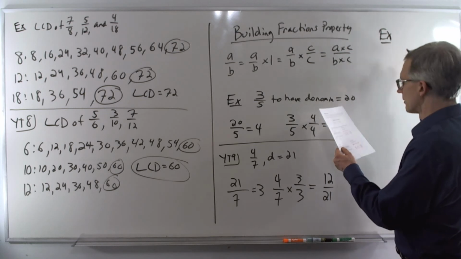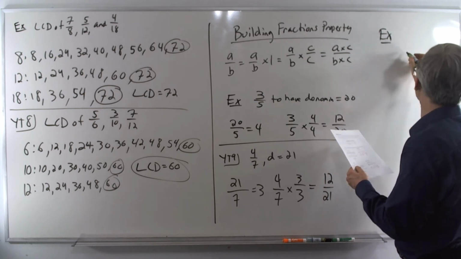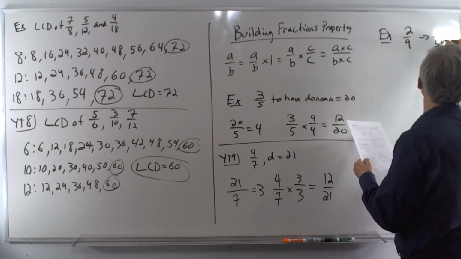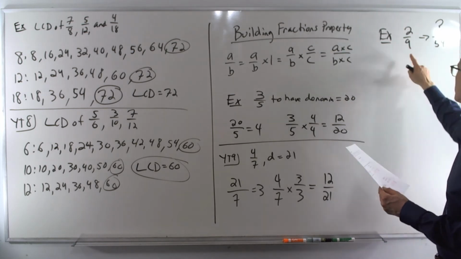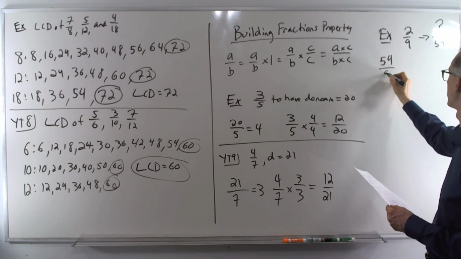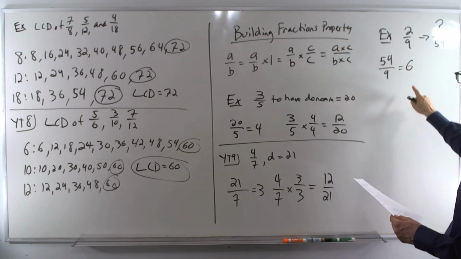Next example, we're going to build 2/9 to have a denominator of 54. Alright, we're going to get something over 54. So let's take 54, new denominator, divide by the old one. 54 divided by 9 is 6. So 6 is our multiplier.